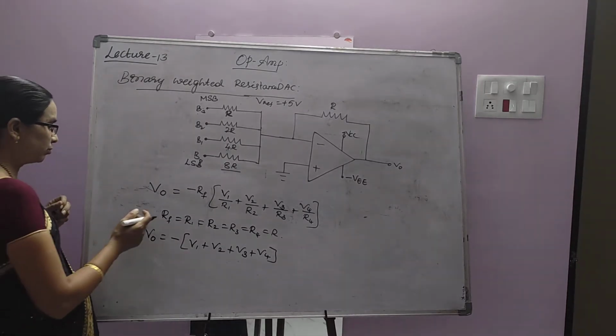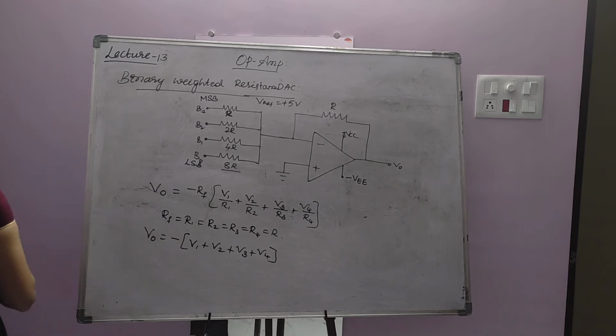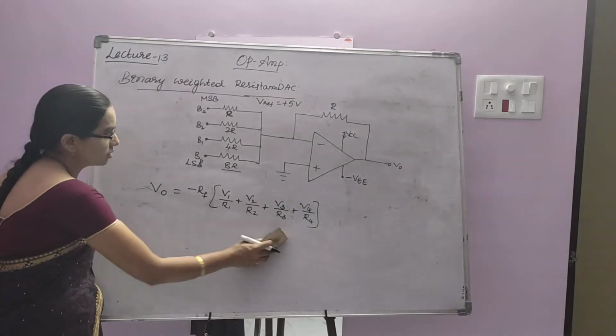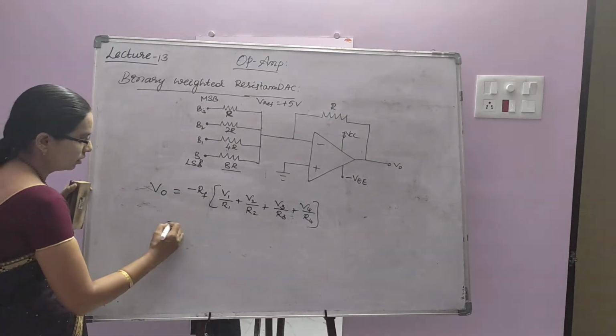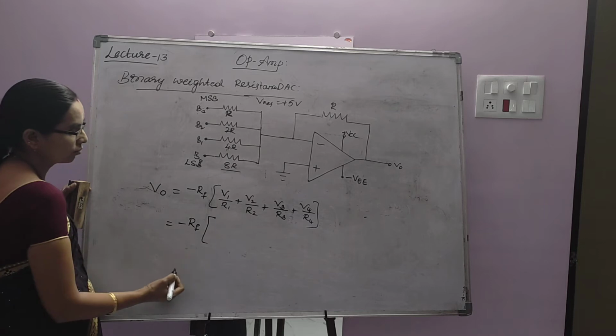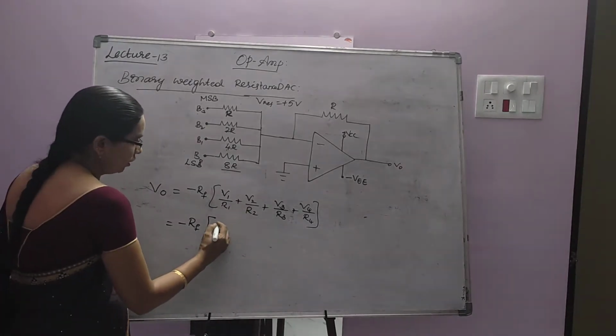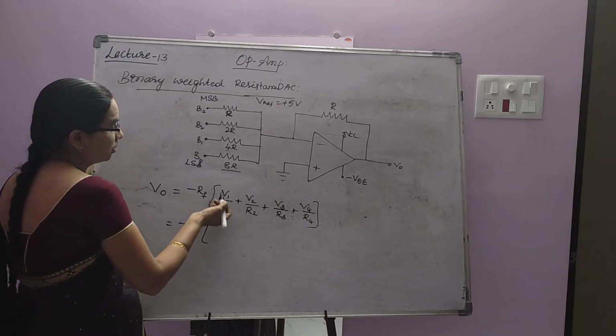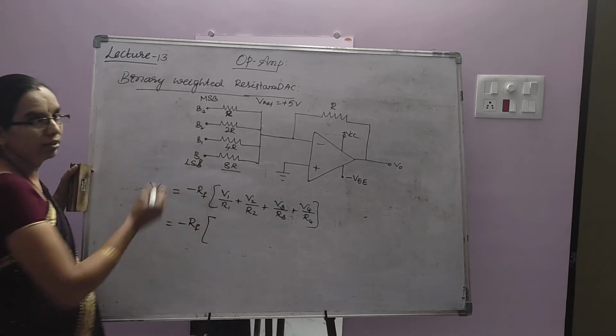But here we have taken different values of resistances. So minus RF, and V1 can be V1 or B1, anything you take, corresponding to that much voltage.